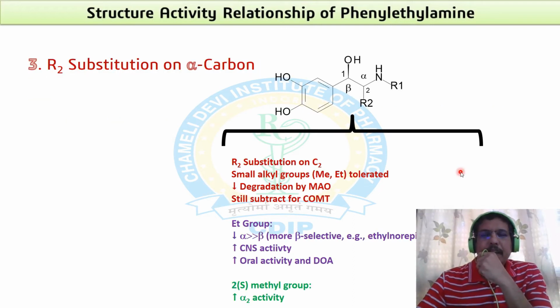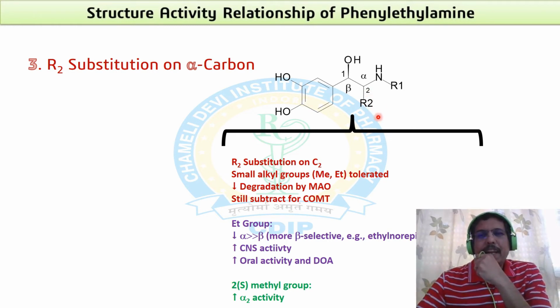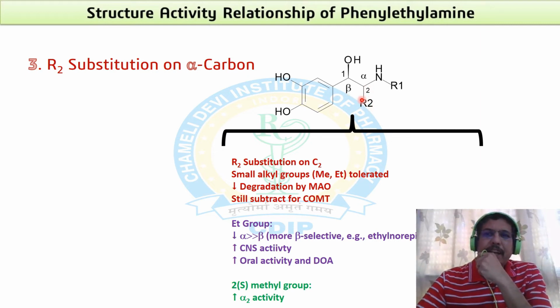Now the other thing is the R2 substitutions, which are located on the alpha carbon, and again these R2 substitutions are responsible for the alpha as well as beta selectivity of the compound. Generally this R2 substitution occurs in the form of a methyl or ethyl group, but if we go beyond that, they are not tolerated by the phenylethylamine analogs.